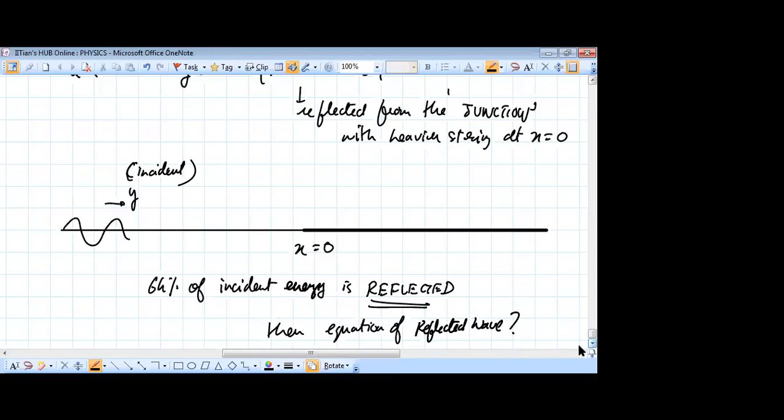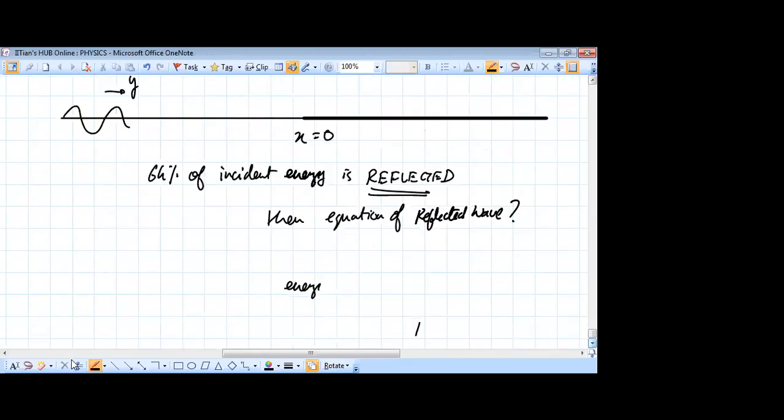Let us say the reflected wave, coming back in the same string from the boundary, has some equation yr, and the transmitted one has some yt.